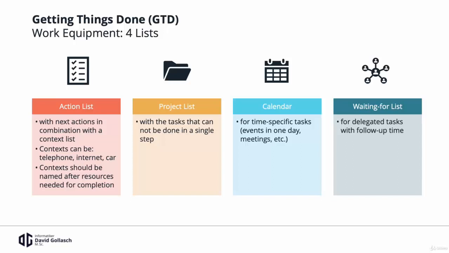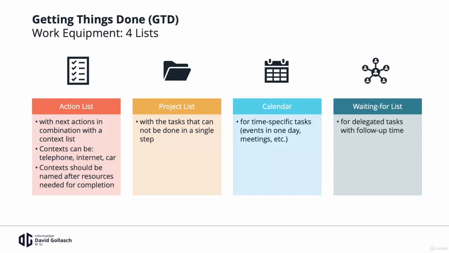As well, if it's a task that you can do using your browser, maybe the internet would be a good context for this task. Or if it's a task that you can do offline or on the go when you're in a car, for example, then maybe the context car could be appropriate.